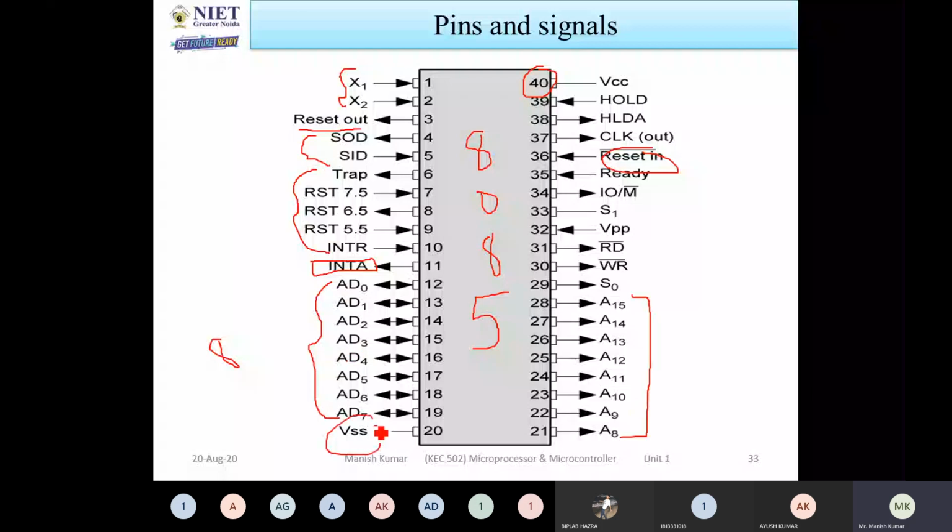This is the VCC. This is used for clock in, X1 and X2 are used for clock in, and pin number 37 is the clock out. IO/M bar: if you are transferring the data, whether from memory or from input output devices, will be selected by this.